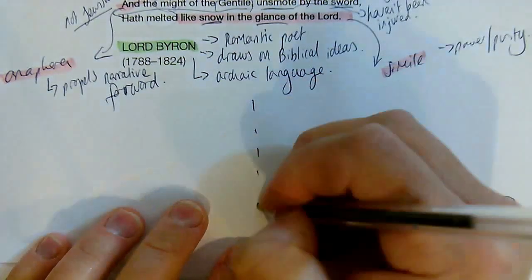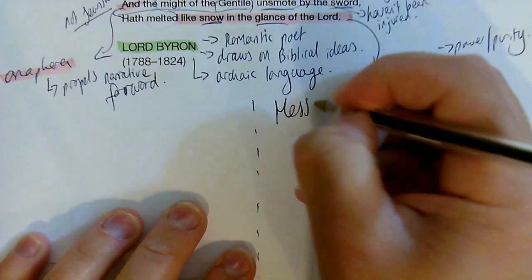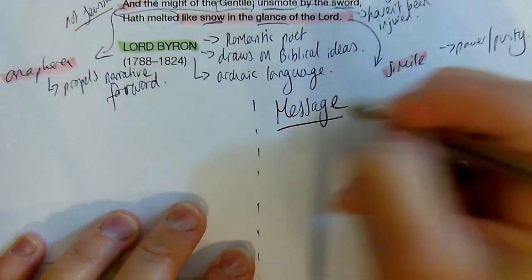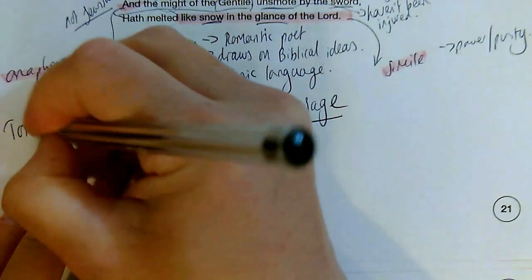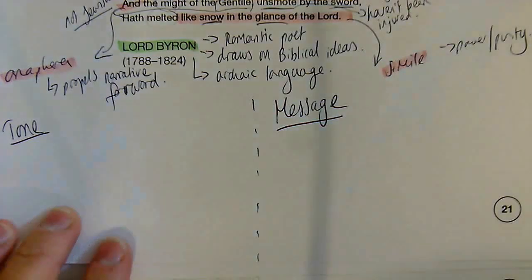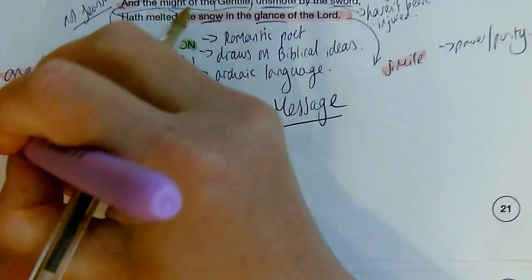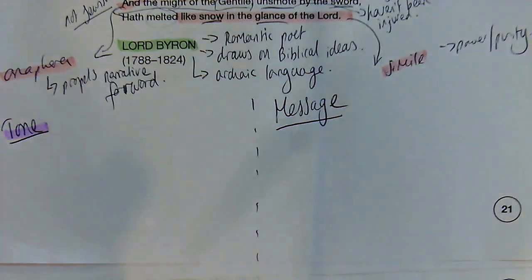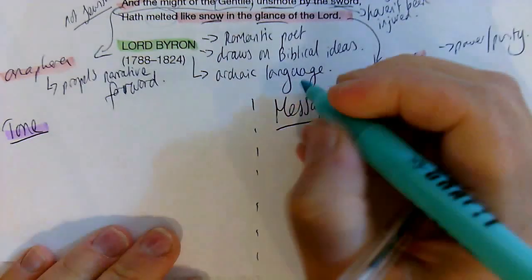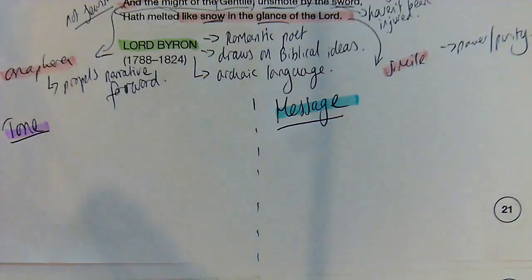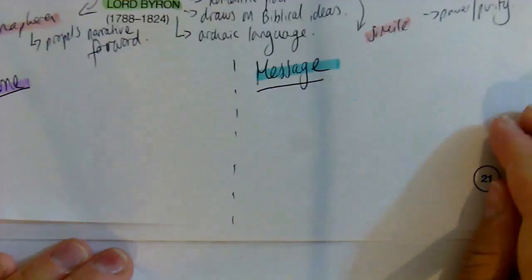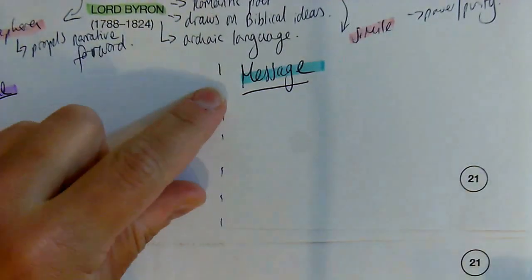We have to ask ourselves about message and about tone. This is the final little bit that we're going to have a look at here. I'm going to start with the message of this poem, and I'm going to limit it to 3 things just to keep it simple and easy to remember.